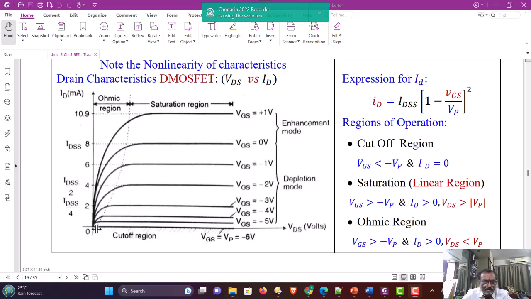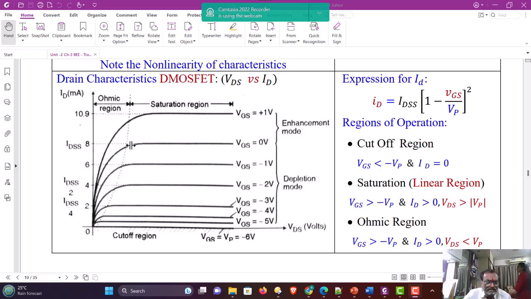If you go on increasing the value of VDS now, the channel current remains constant because the number of charge carriers remains constant. So even increasing the value of VDS doesn't affect the current because the number of carriers moving is constant. Therefore, we can say that current remains constant here at IDSS. We can say that the current is saturated.